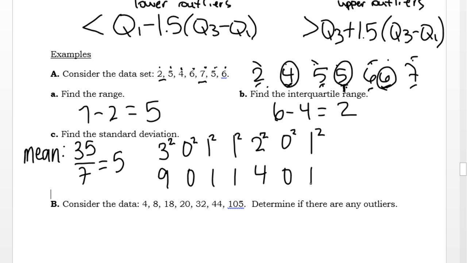Then we get the average of those, so we're going to add them all up and divide by 7. And 16 over 7 is 2.29 if I round that.